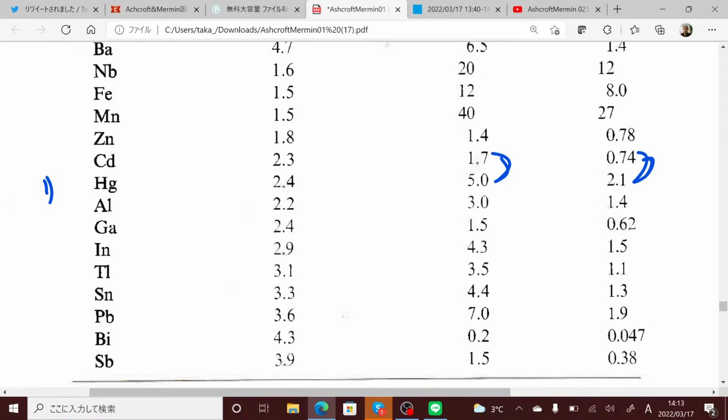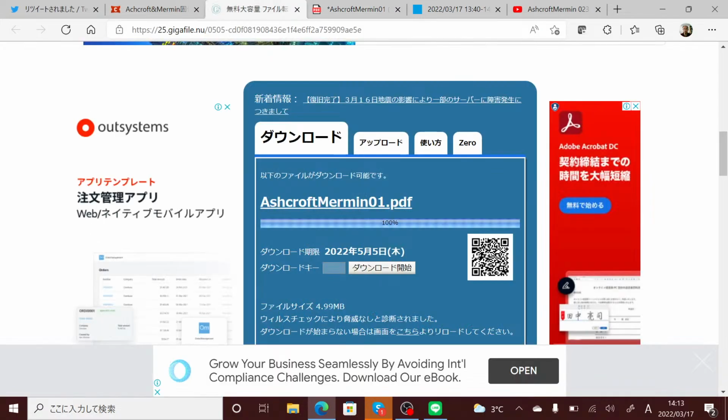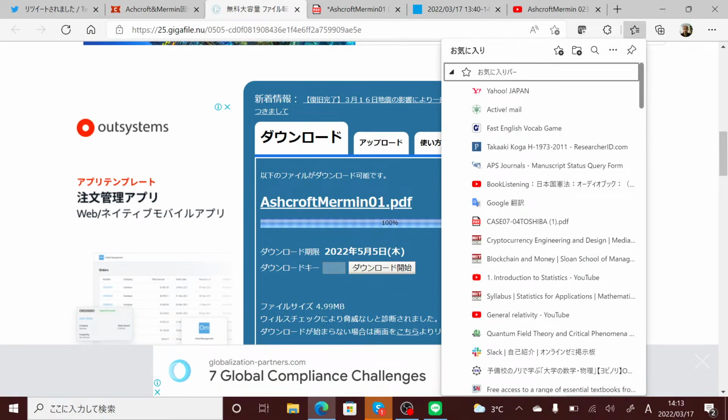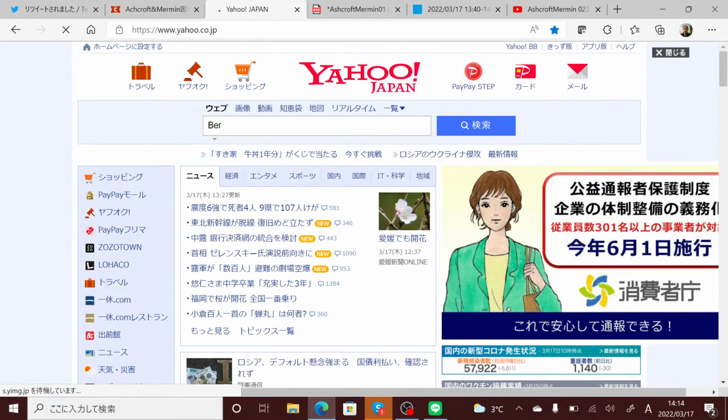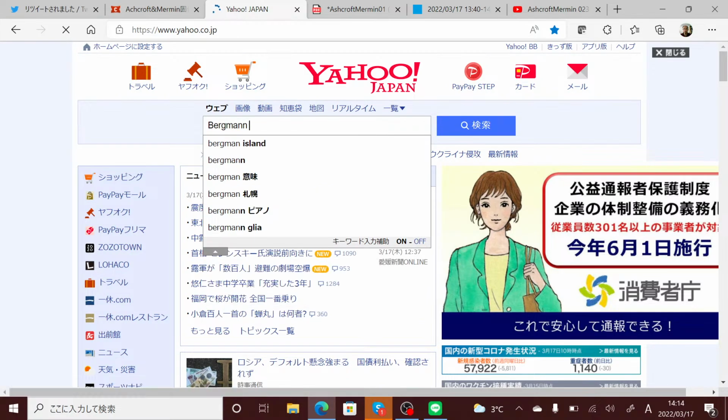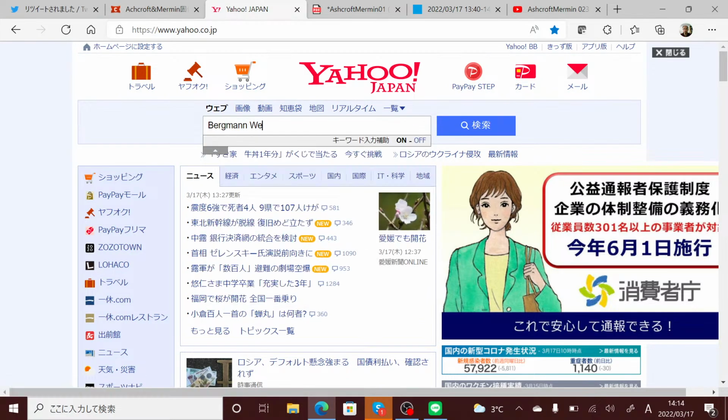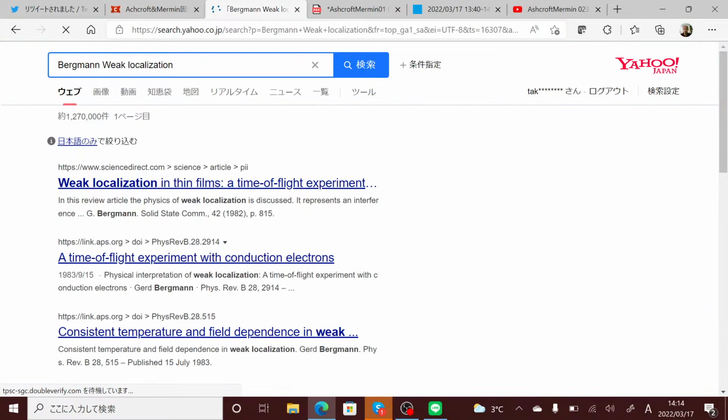See, I can show you. There is Bergman. Weak localization in thin film.